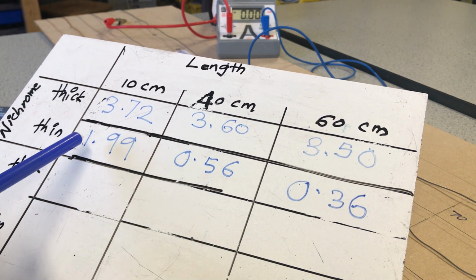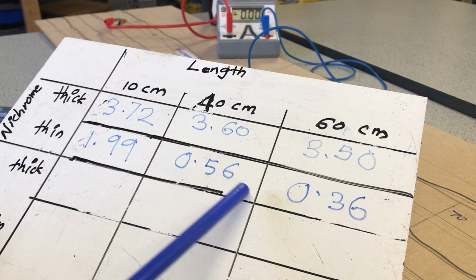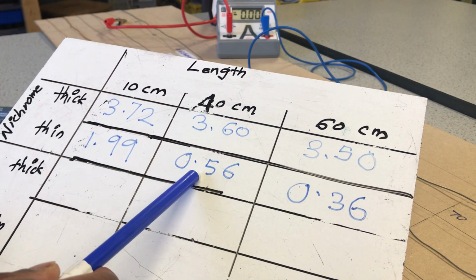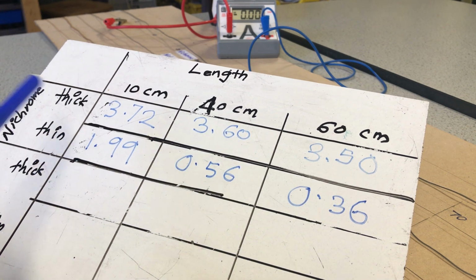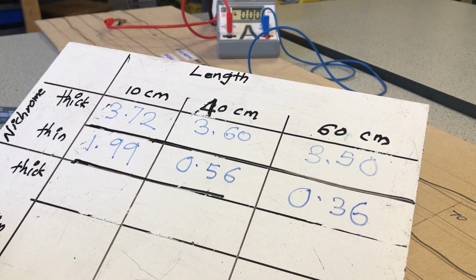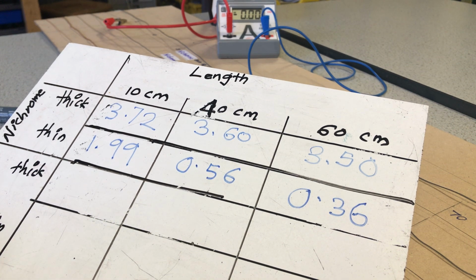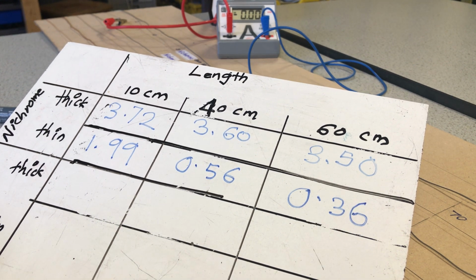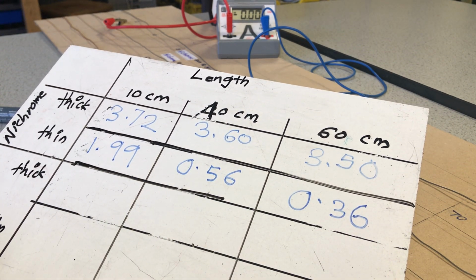And for the thin wire also, when the wire is getting longer, the current is getting less and less. We can come to a conclusion: the longer the wire, the less current is flowing. That means there is higher resistance. Longer the wire, higher the resistance.